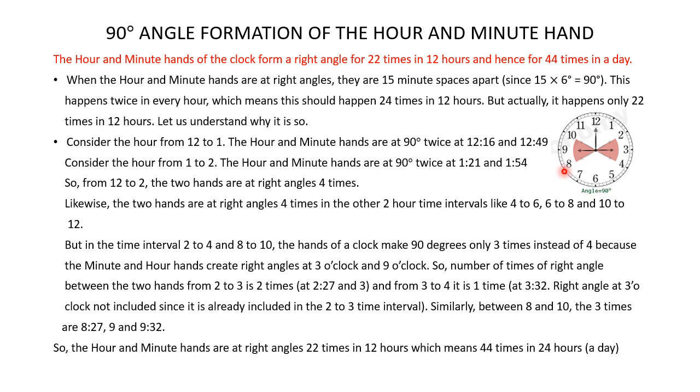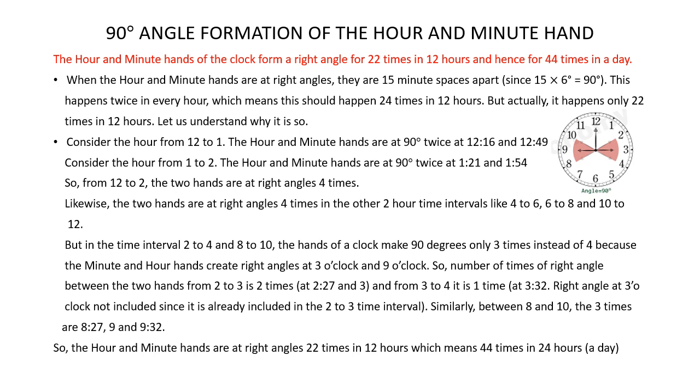So we can consider the 9 o'clock only once. So between 8 and 10, the two hands of the clock are at right angles only 3 times. Once at 8:27, once at 9 o'clock, and once at 9:32.